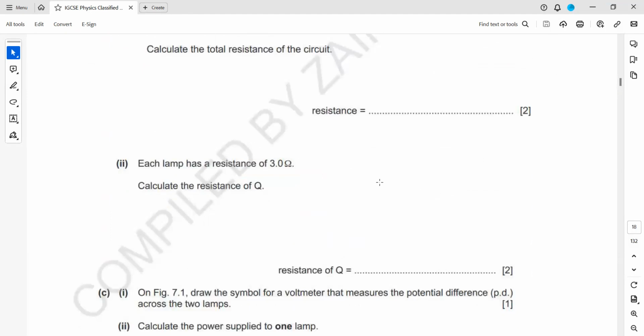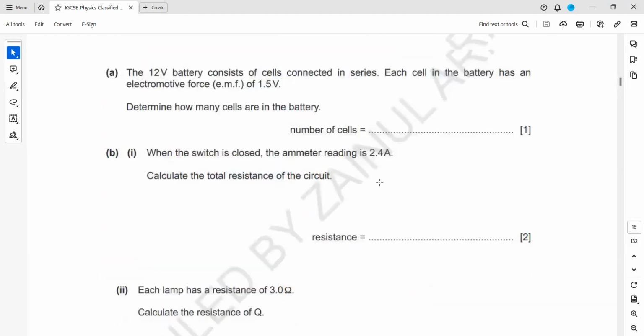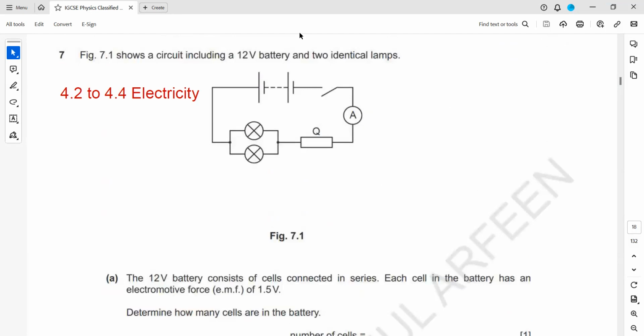Each lamp has a resistance of 3. Calculate the resistance of Q. Each lamp has a resistance of 3 ohm, and the total resistance of this circuit is 5 ohm. Say this resistance is X. First, what is the combined resistance of two lamps connected in parallel?